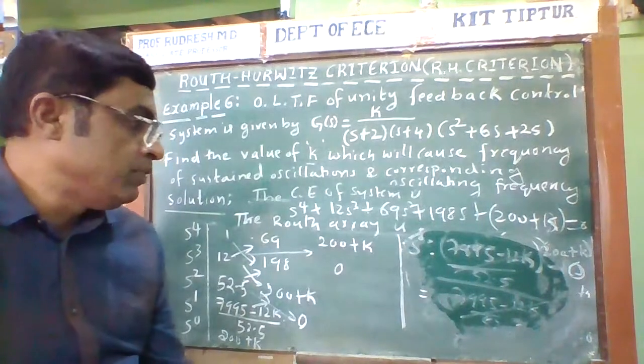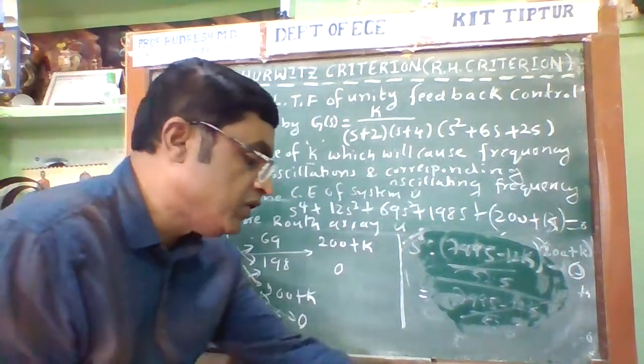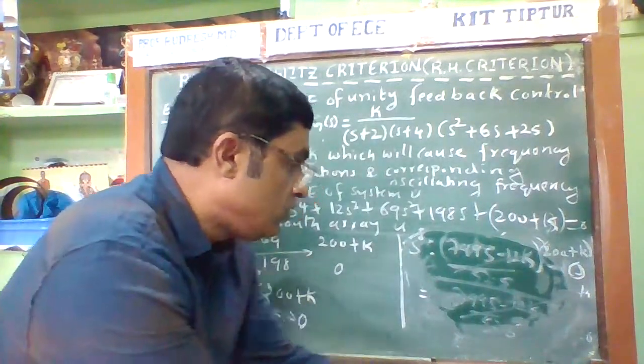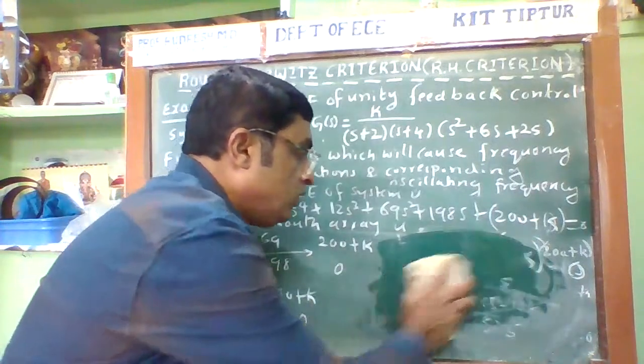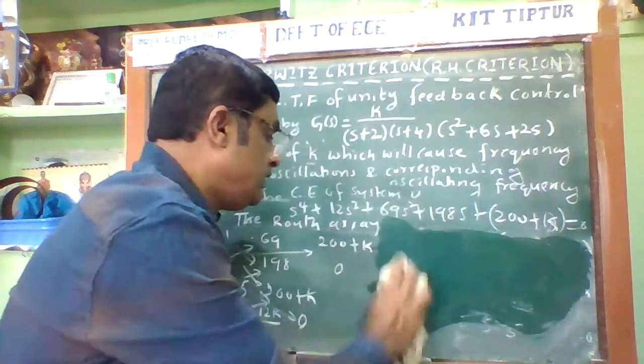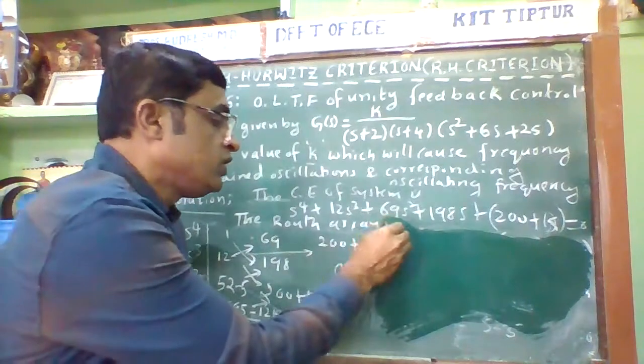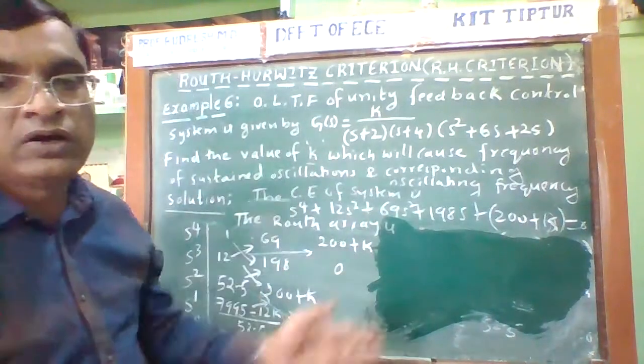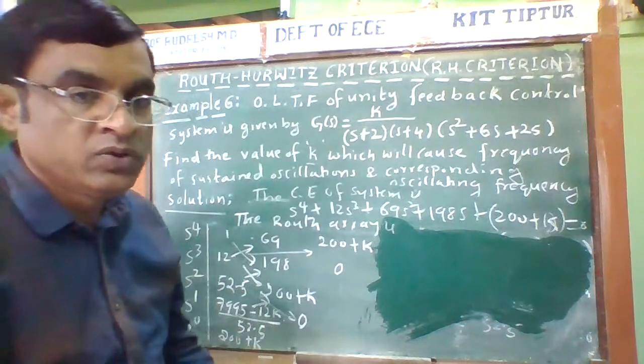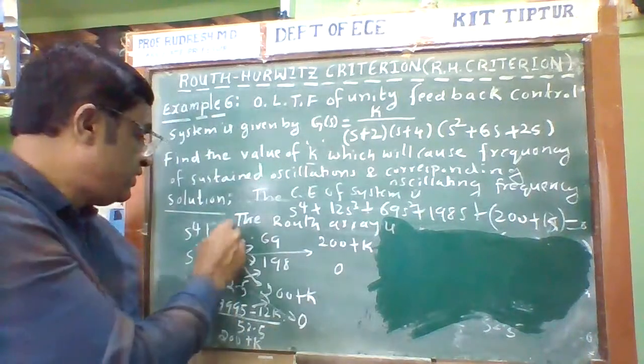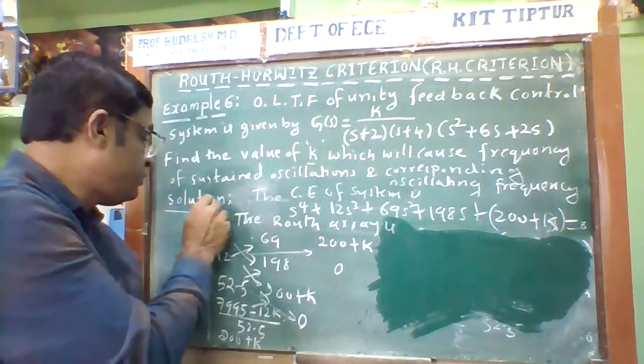After forming the root array, we need to verify the system stability. Once you find the characteristic equation, find the root array. Now this is the first column.